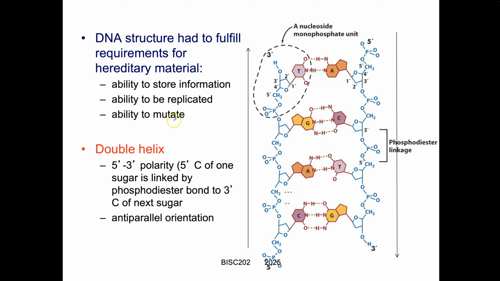It had to be able to mutate, so, change a nucleotide, the other nucleotide changes, and suddenly the information is no longer the same. So that would be the way you would mutate it. And then the ability to be replicated. And so they knew DNA replicated, and they worked some time on figuring out the exact way that occurred.